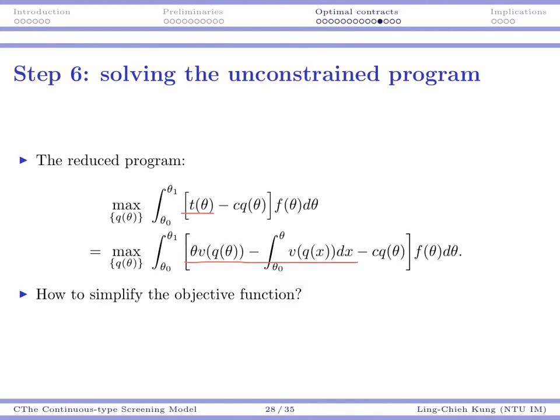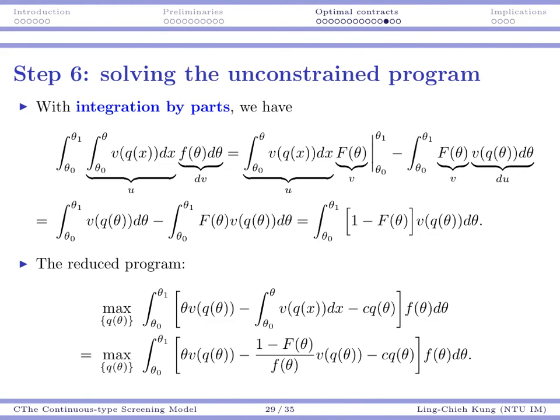Okay, and now it's time to use integration by parts. So let's focus on this double integral. If you go back to look at the objective function, this is that double integral within your objective function. With integration by parts, we're going to solve it.